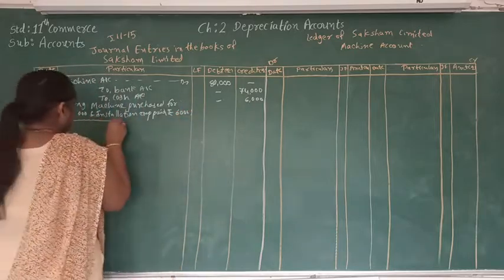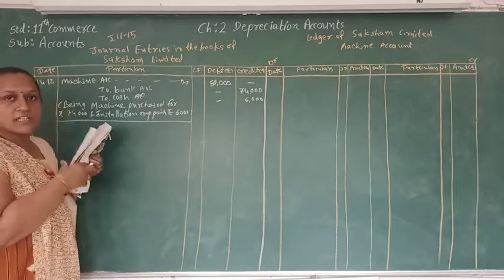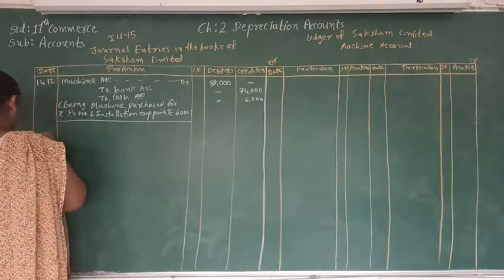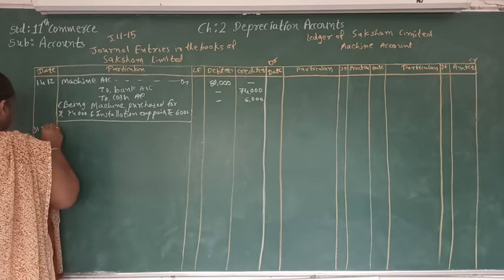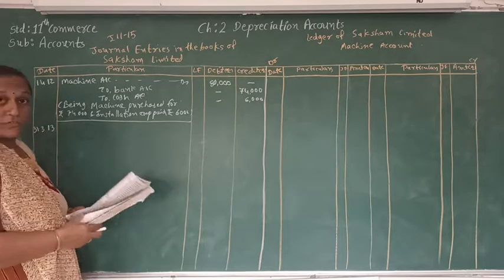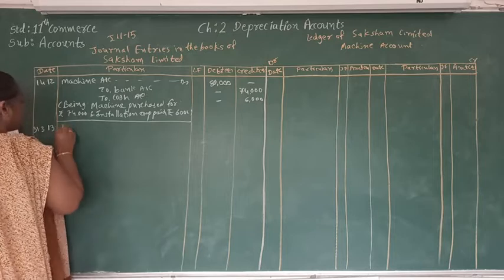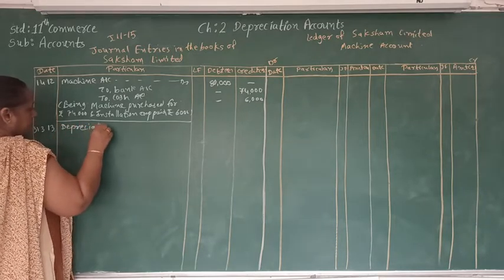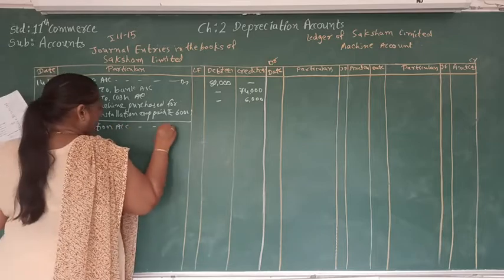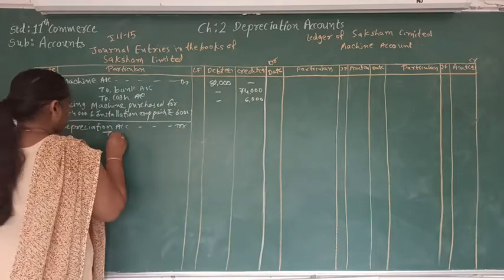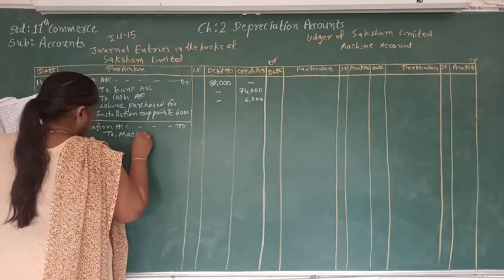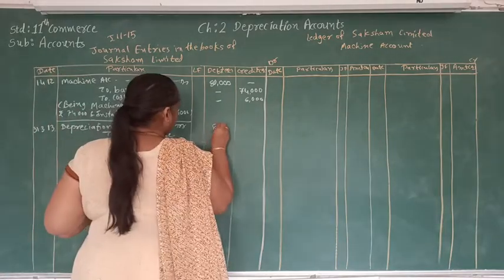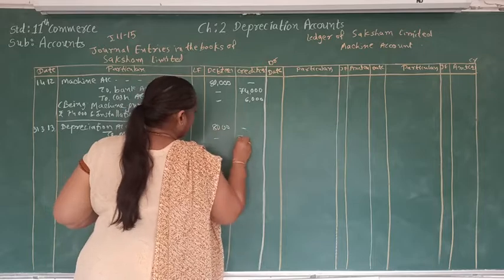Now let's pass the second journal entry, that will be at the end of the first year, and that is for charging depreciation. On 31/3/13, depreciation account debit to machine account, and here the depreciation is 8,000 that we already calculated in the working note.